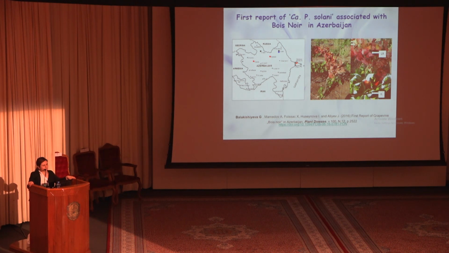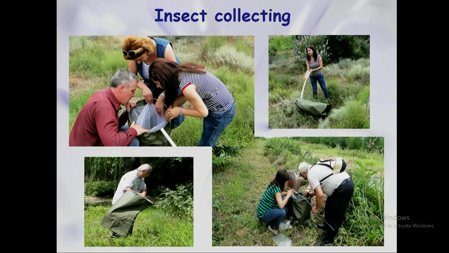It was reported from the Gabala and Absheron regions of Azerbaijan, and the symptoms were leaf reddening, leaf rolling, and irregular lignification. And insect collection was also done in Guba and Absheron region.